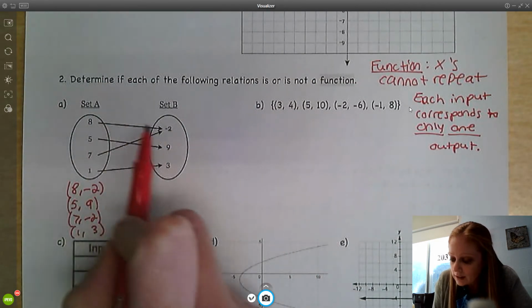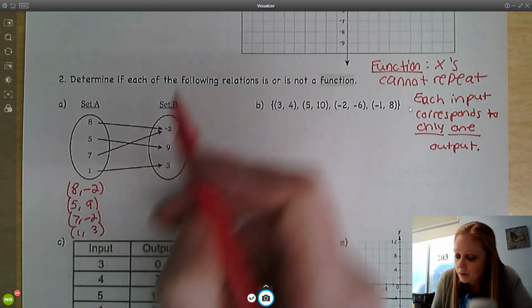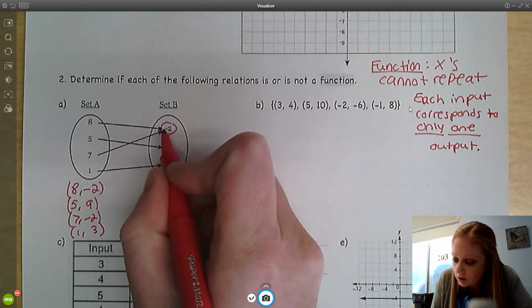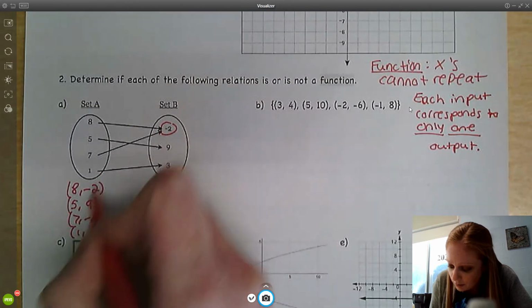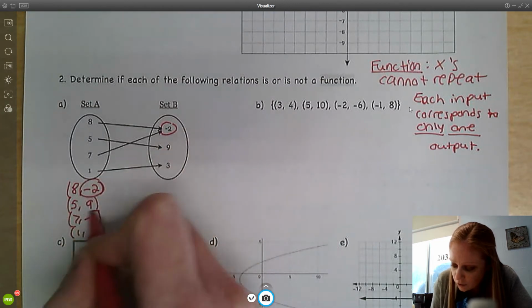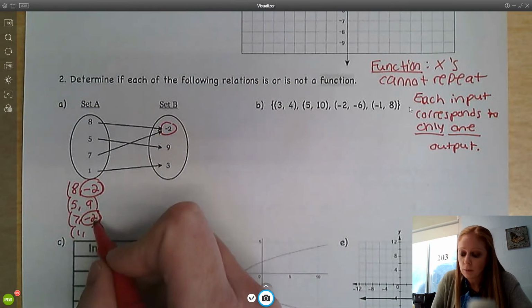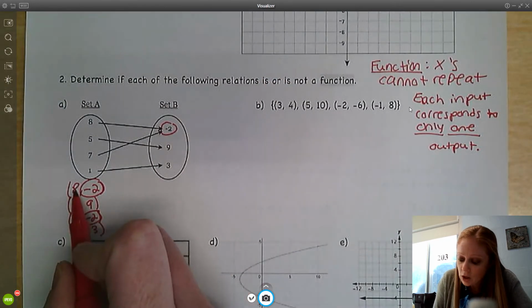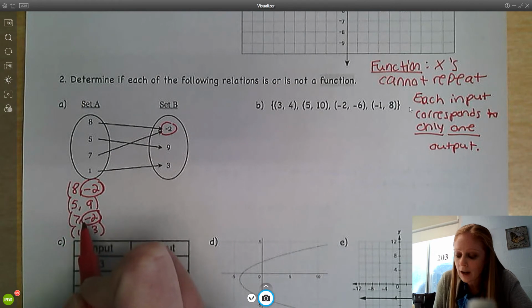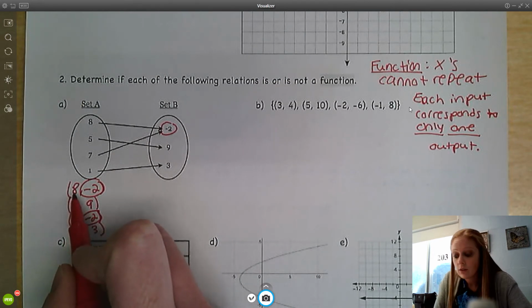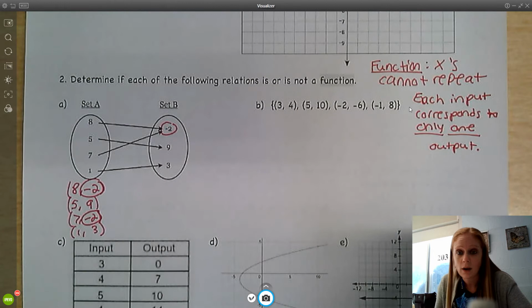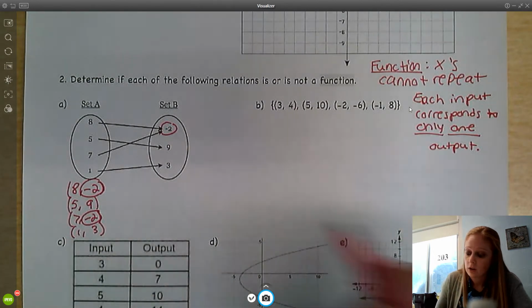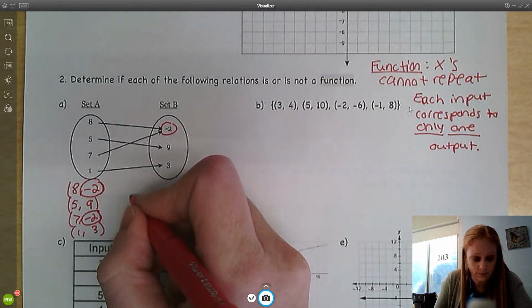So each input is assigned to only one output. Notice this negative 2, the y-coordinate, that's repeating. But it's okay for the y-coordinate to be repeating because each input is still assigned to only one output. It's not like you have the input of 8 being used twice. So this is fine. So this one is, yes, a function.